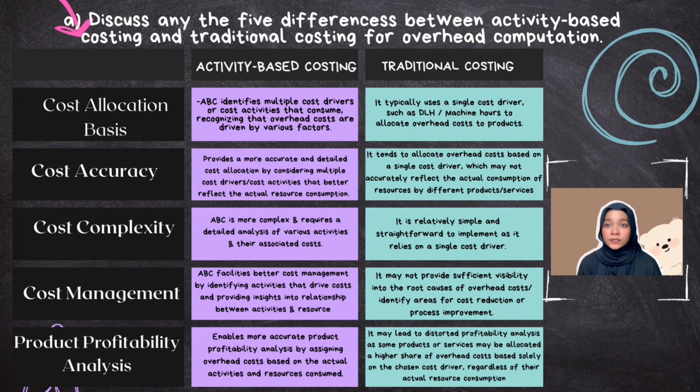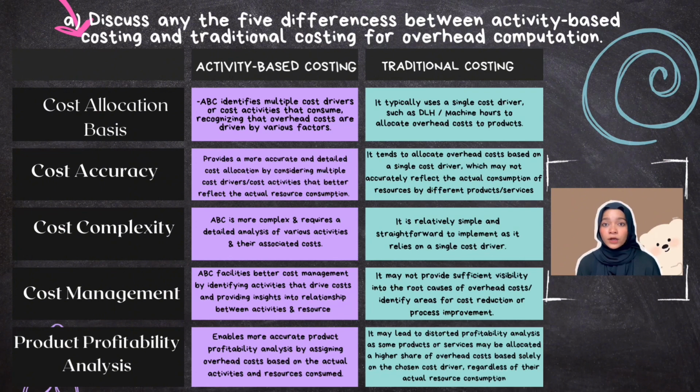Traditional costing is relatively simple and straightforward to implement as it relies on a single cost driver. This simplicity may be advantageous in some cases, but can oversimplify cost allocation in complex production environments.